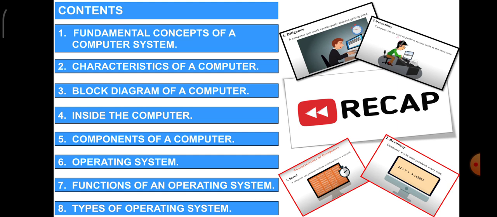And you also learned the block diagram of a computer, how the input is made, how it is coming to the memory unit, and next what is happening in the central processing unit, and finally how the information is passed on to the output unit.